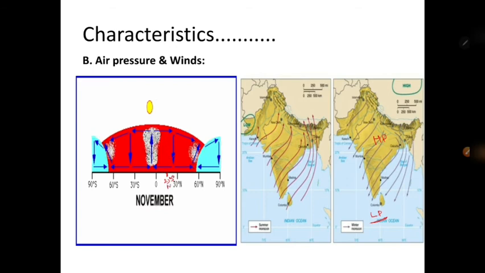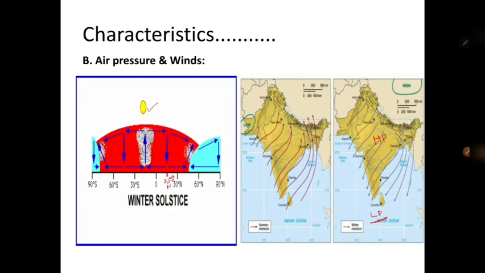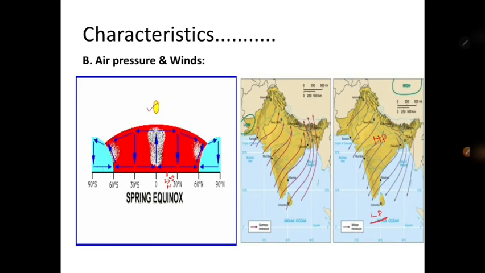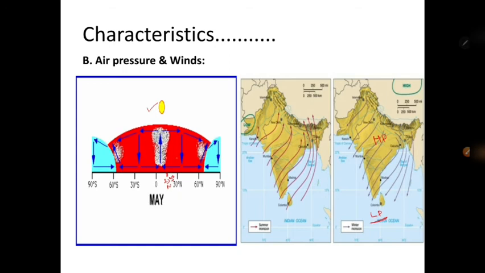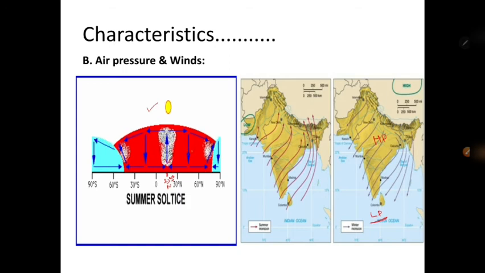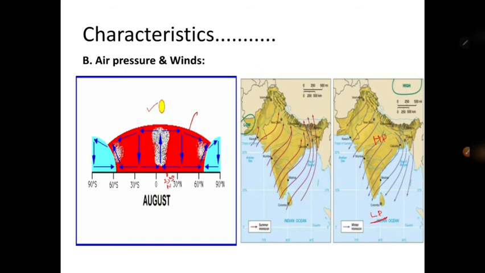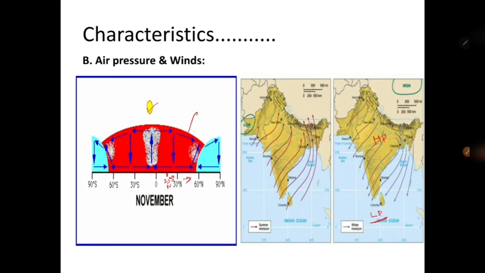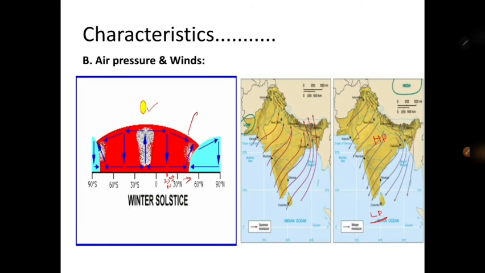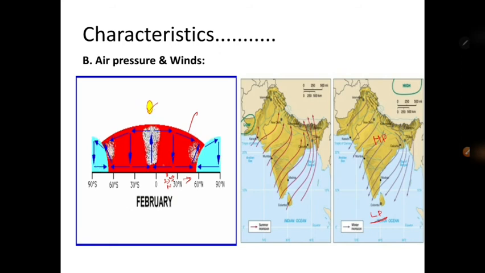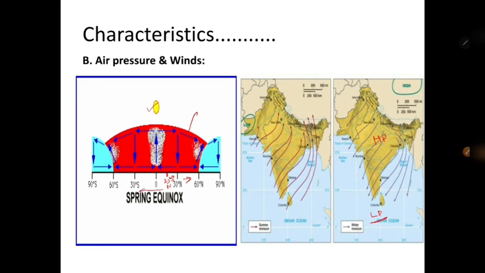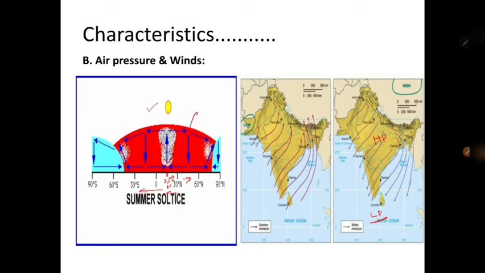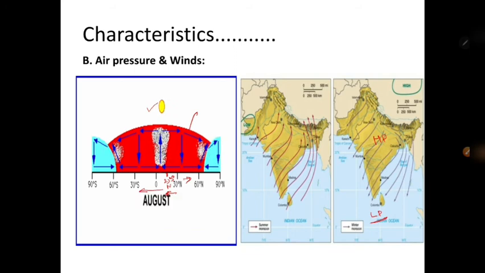When the sun shines vertically on this Tropic of Cancer, you can see this high pressure area is shifted towards the north. But after that, when the sun is moving towards the south, the high pressure area is also shifting towards the south. Now next.